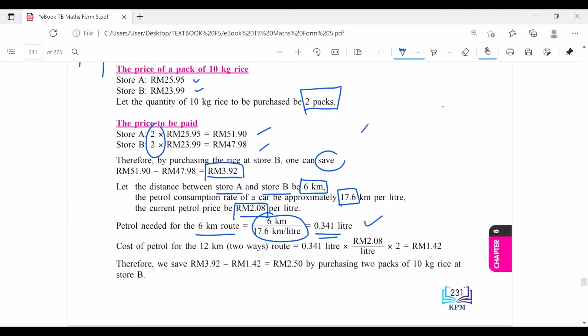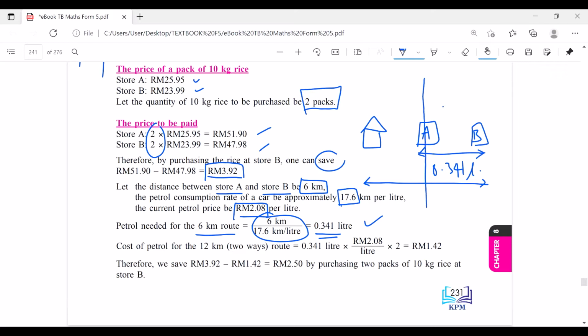If this is your house, this is store A, this is store B, so you count this distance. You use 0.341 liter. You cannot calculate from here because you want it just from here. This is the extra petrol that you will use, and you have to pay.